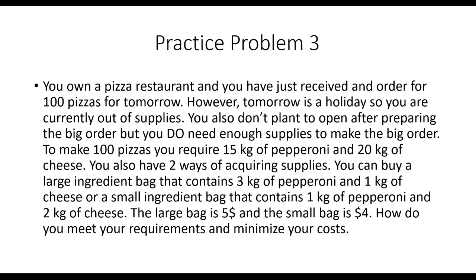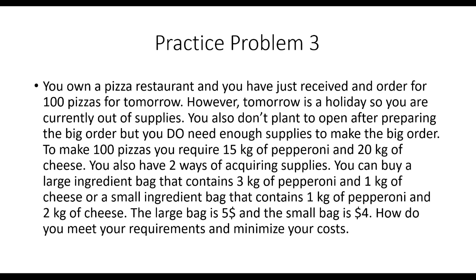A large bag is 3 kilograms, so 3x1 plus, and we have 1 kilogram of pepperoni in a small bag, 1x2 must be greater than or equal to 15, because that is the minimum we require. So our first constraint is 3x1 plus 1x2 is greater than or equal to 15.